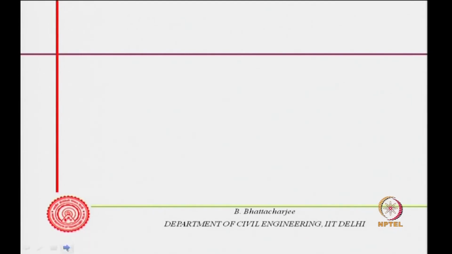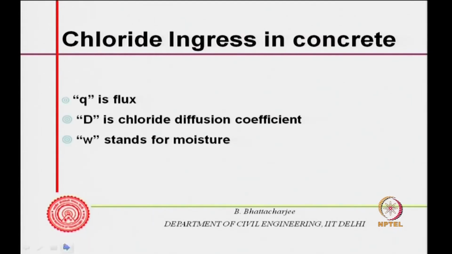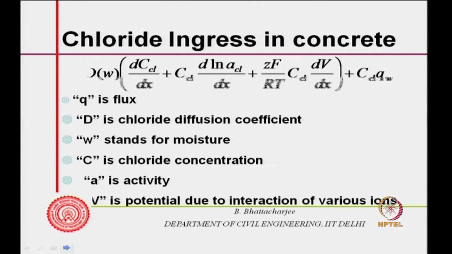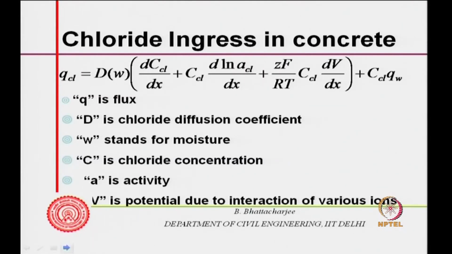Unsaturated concrete is the most important case, and the equation for this is fairly complex. I will take half a minute to conclude our discussion on this and continue in the next lecture. Now, you can see that this is the flux of chloride, D is the diffusion coefficient.